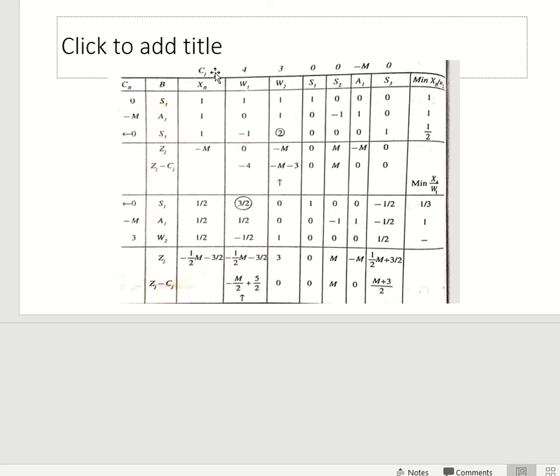Now what is CB? That is the cost vector corresponding to the XB. XB is nothing but the basic feasible solution, and B is nothing but the base variables. Whatever we have chosen, S1, S2 and S3 and the artificial variable we have chosen already.